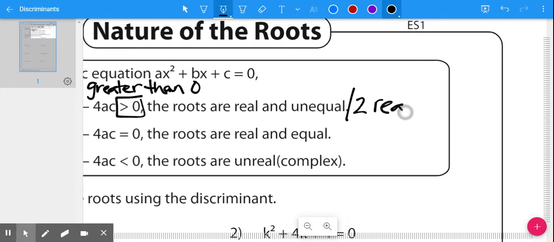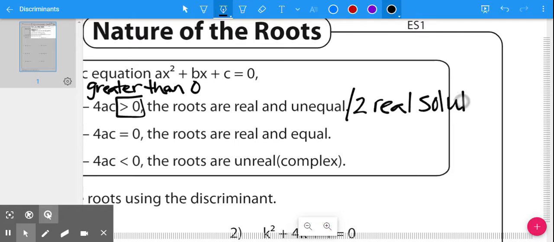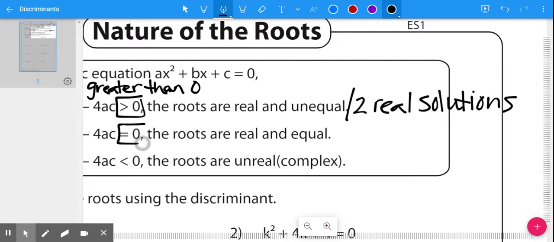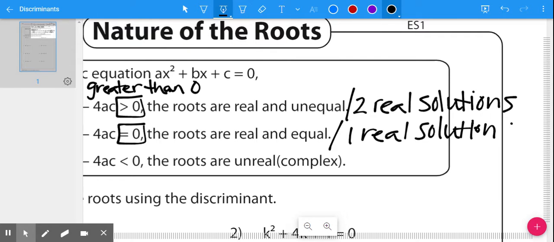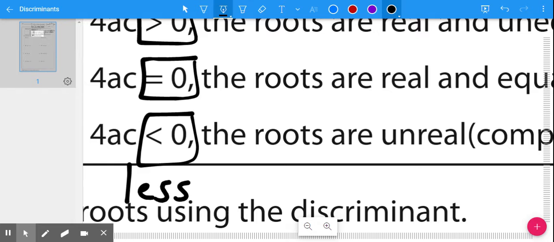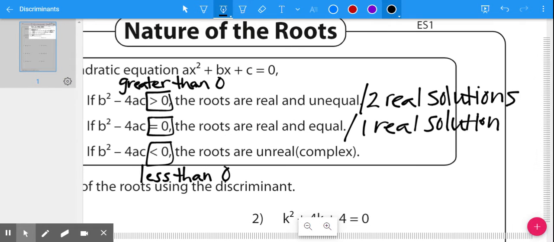If you end up with a number that's equal to 0, it's one real solution. And the last option, if you plug it in and you get a number that is less than 0, then you have no real solutions.